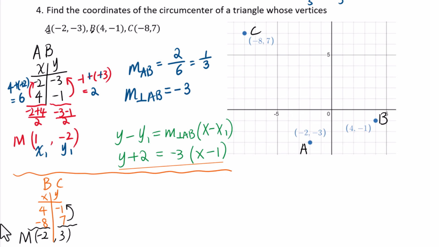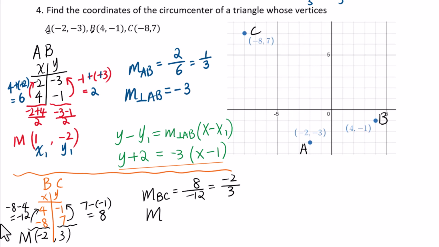Try to find the slope. 7 minus -1 equals 8. -8 minus 4 equals negative 12. So the slope of the line BC equals 8 over negative 12, reduced to negative 2 over 3.